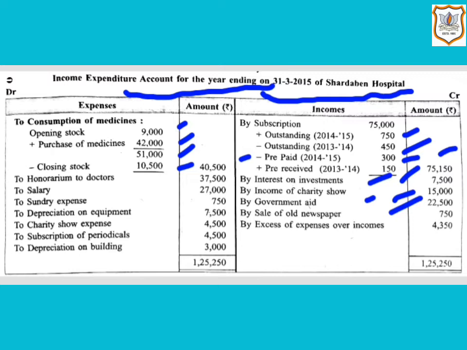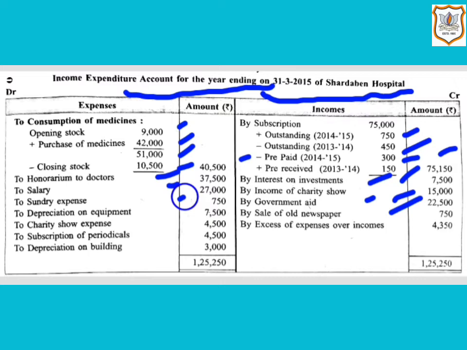Then we have the next item, honorarium to doctors. It is also an expense of regular or revenue nature. So we will record it here on the expense side, 37,500. Then we have salary. We will show it here in the expense column, 27,000. Then sundry expense is given, 750.